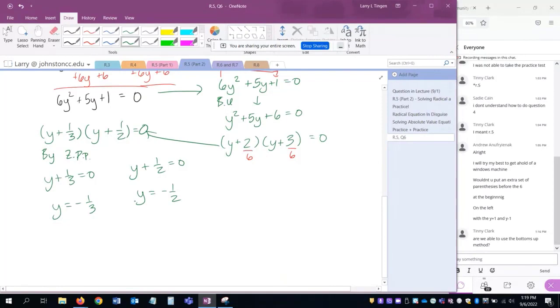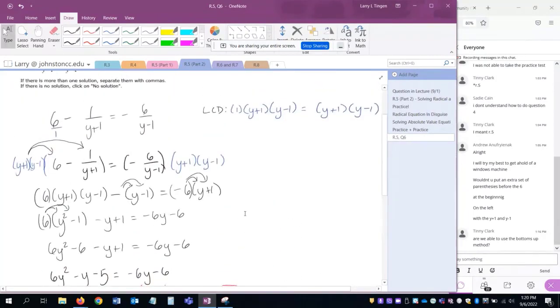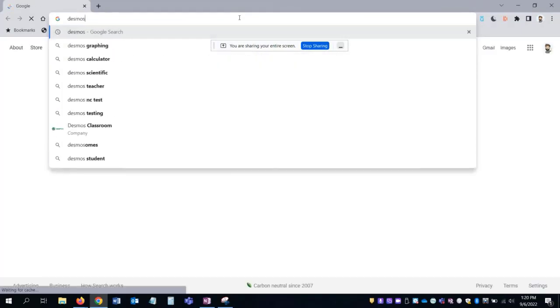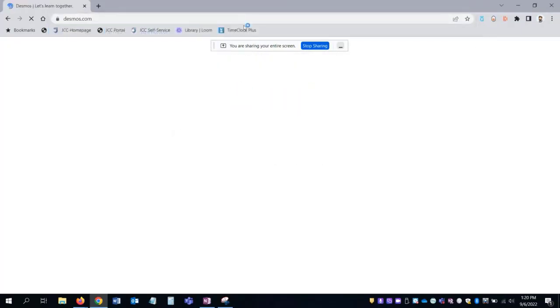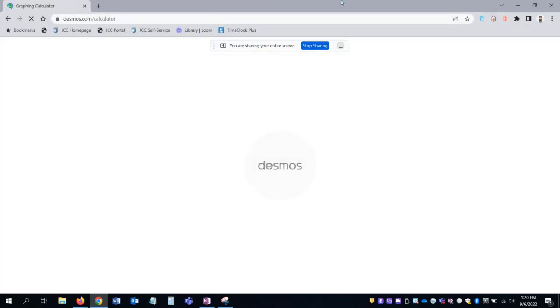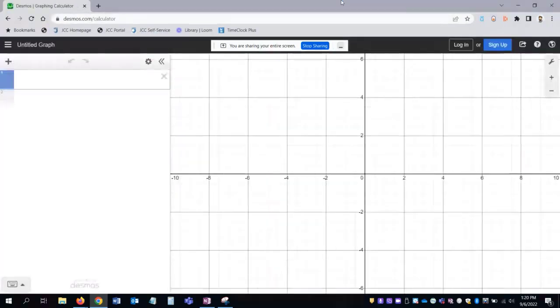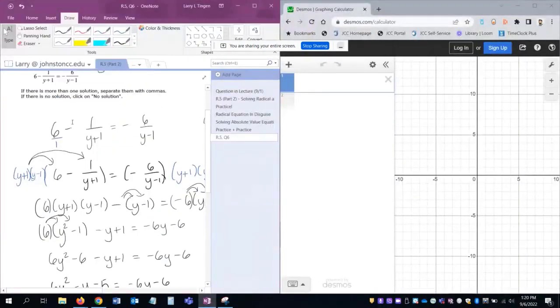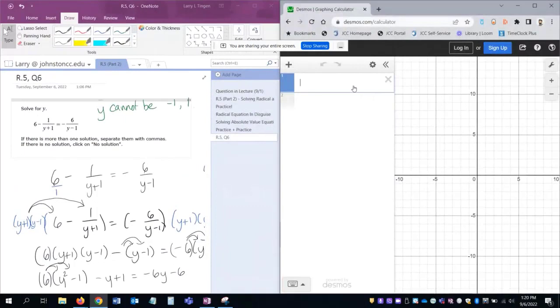But let's check. How would I check this? I would go to Desmos and plot the left-hand side of the equation and the right-hand side of the equation. So here's the original.